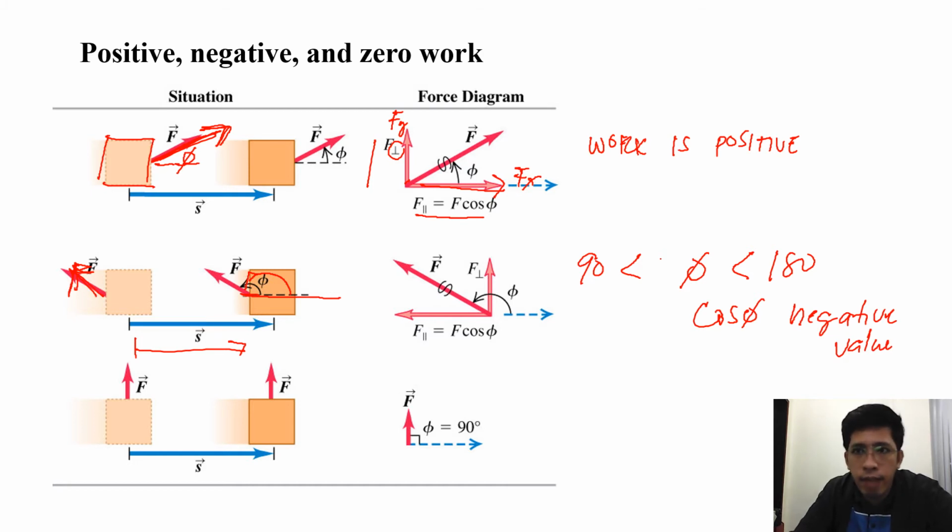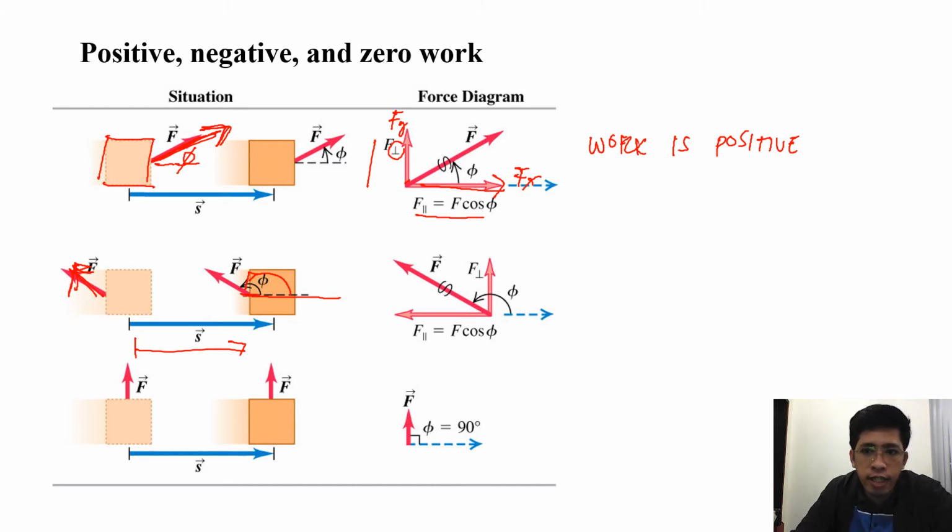A classic example for a negative work is when you have your force and your displacement at an angle greater than 90 and less than or equal to 180 degrees.